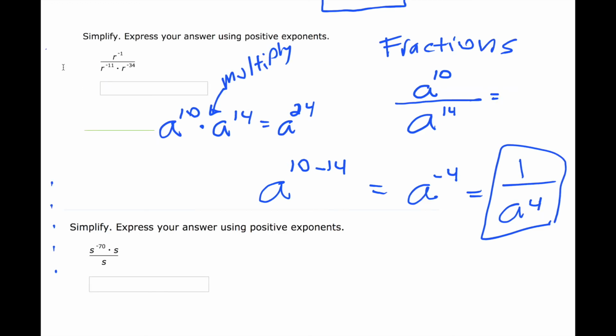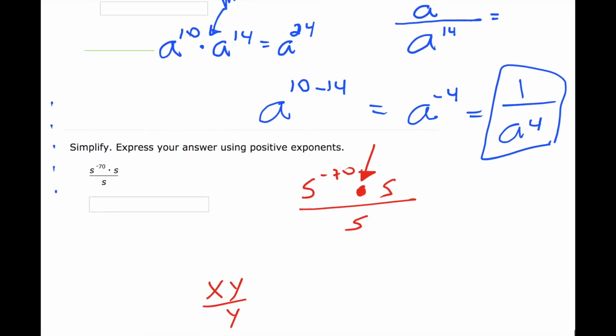All right. So we have s to the negative 70 times s over s. All right. What operation is going on right here? Multiplication. And we only have one thing on the bottom, right? So what if I had x, y over y? If I had x, y over y, do you know how to simplify that?